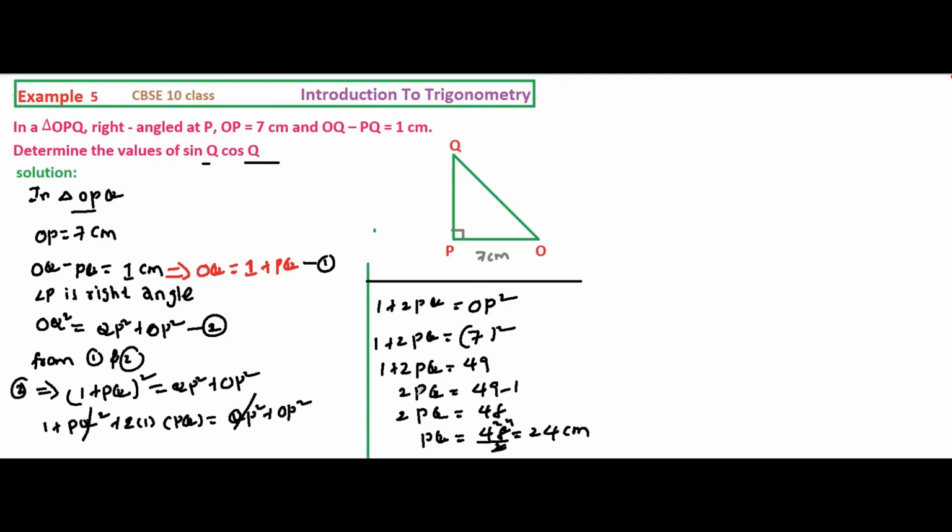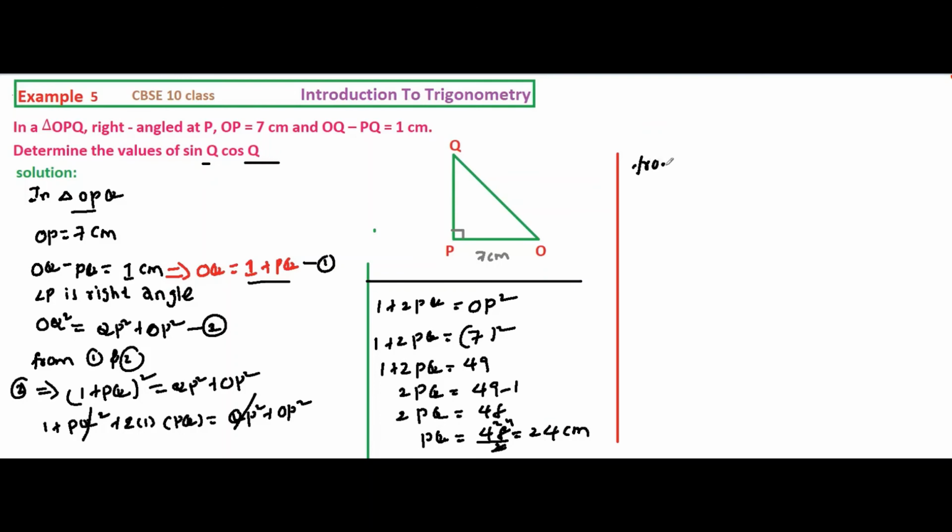Now substitute this PQ value in equation 1. What about the OQ value from equation 1?